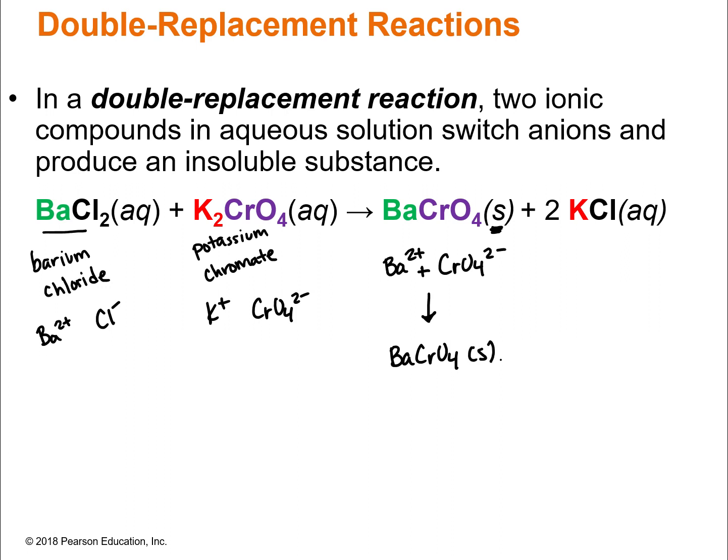So you form a solid, and then you've still got the potassium ions and the chloride ions floating around like, we like it better in the water. We're gonna stay in here. When you form this precipitate, that means that you have a double replacement reaction.